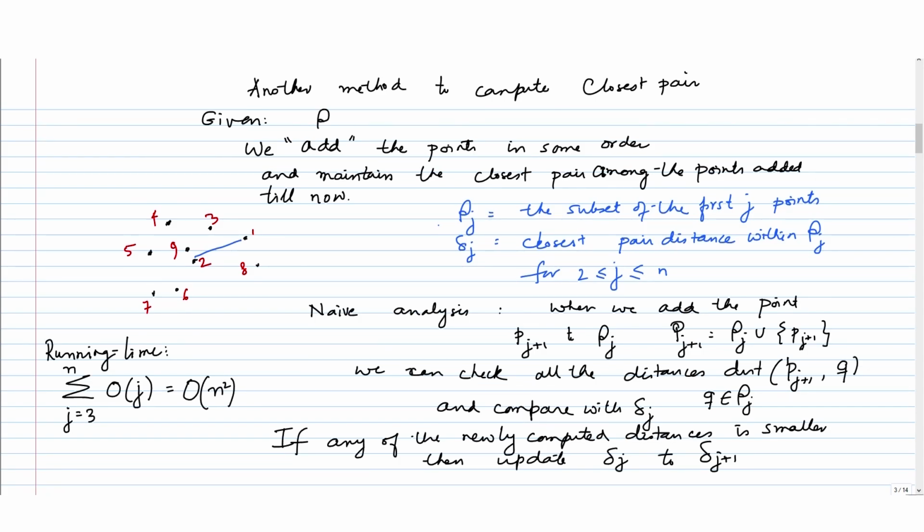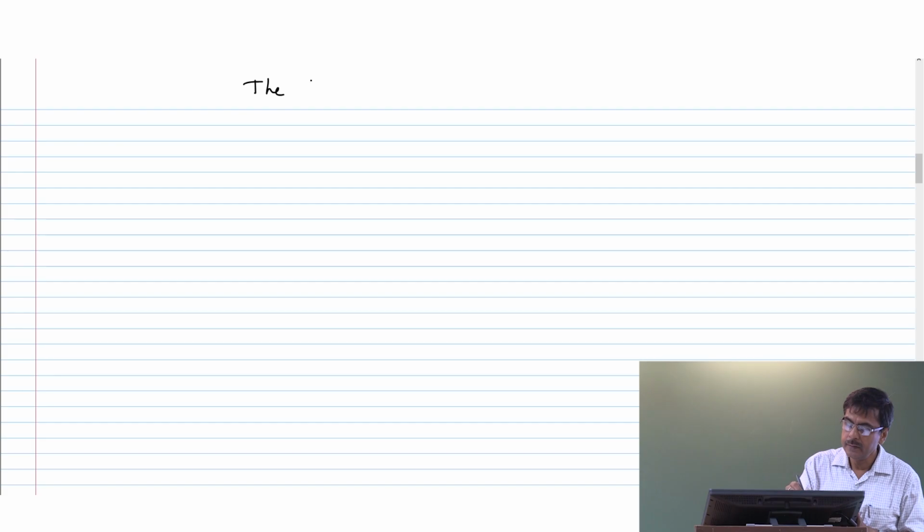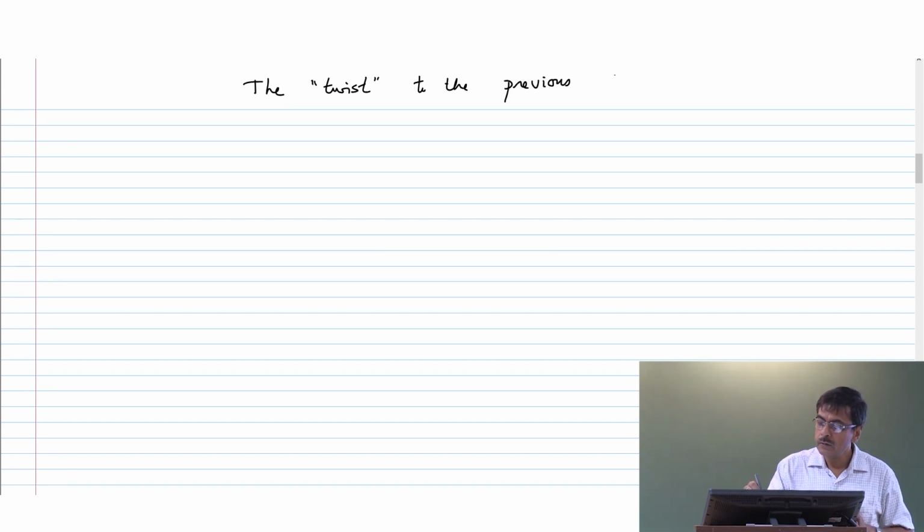So, I will give a slight twist to this algorithm, okay, a twist to the previous one. This kind of approach is called an incremental algorithm, right, because I am incrementally adding those points.